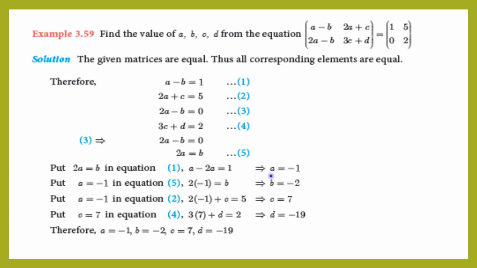Then substitute this A value in the fifth equation to get the B answer. Then substitute that A value in the second equation to get the C answer. Then substitute the C answer in the fourth equation to get the D answer. Finally we will get all the answers.